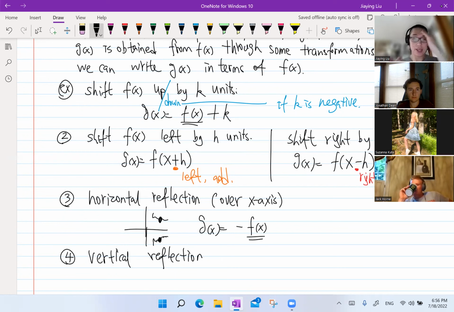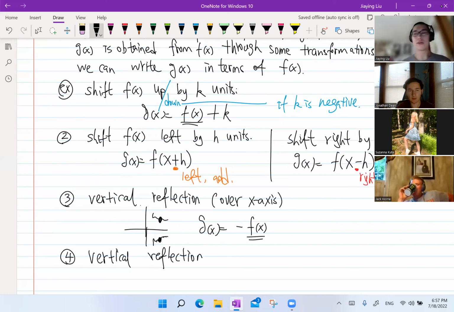I might have to backtrack a little bit. Vertical reflection, we reflect vertically. I apologize. When I said horizontal reflection over the x-axis and g of x equals negative f of x, that's actually vertical reflection. Sorry.